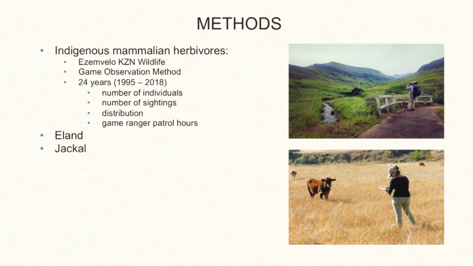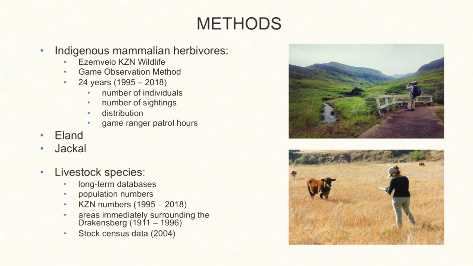We also have data for jackal, which we've also analyzed as a potential predator for mammal species in the berg. With regards to livestock species, a number of long-term databases were available for us in order to determine population numbers in KZN over the years and in areas immediately surrounding the Drakensberg.